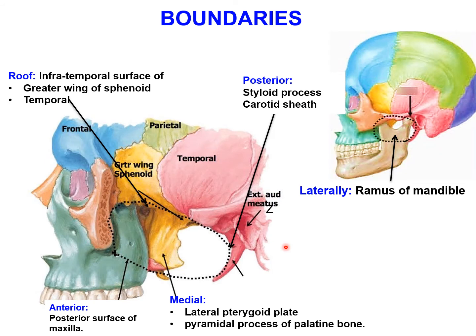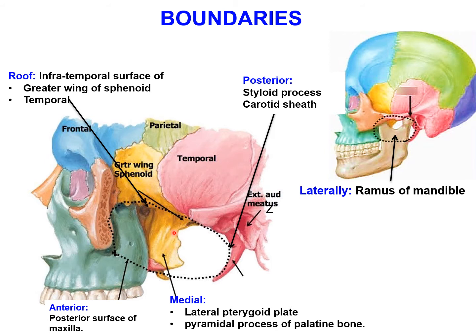So if we see the boundaries of infratemporal region, this is the region we are talking about. In front, it is bounded by the posterior surface of body of maxilla. Posteriorly is the styloid process of temporal bone. Medially is the lateral pterygoid plate. Also, the pyramidal process of palatine bone contributes to the medial boundary.